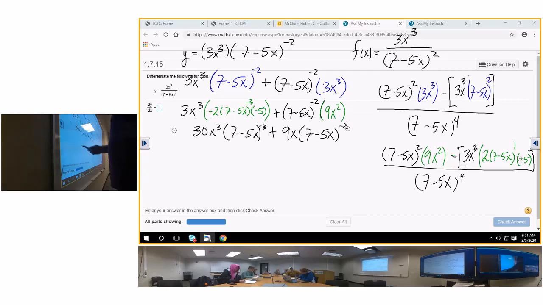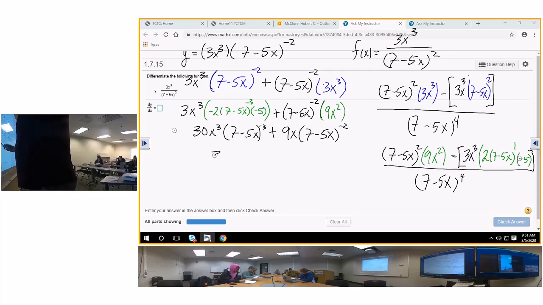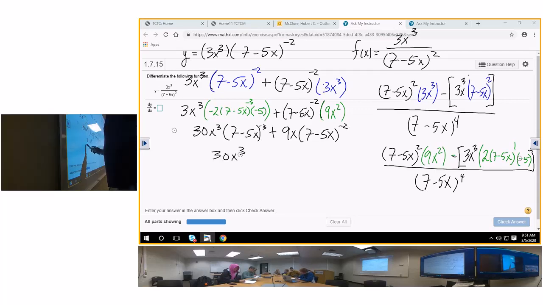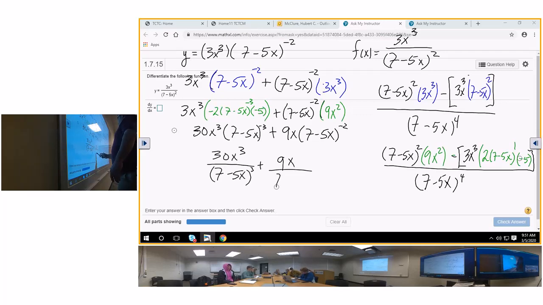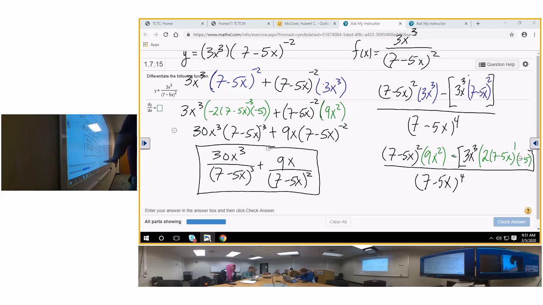And of course that's going to be 30x to the third over (7 minus 5x) to the third, plus 9x over (7 minus 5x) to the second. I'm going to leave that there for right now because you know you got to get a common denominator.